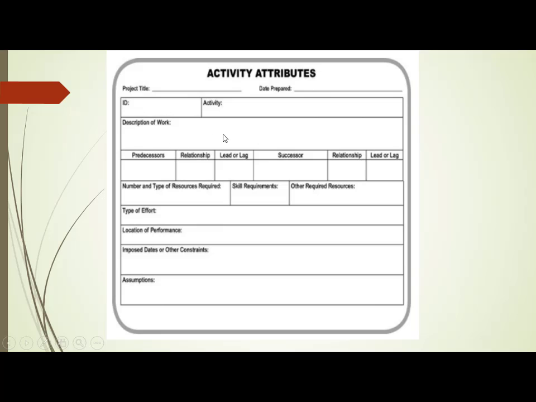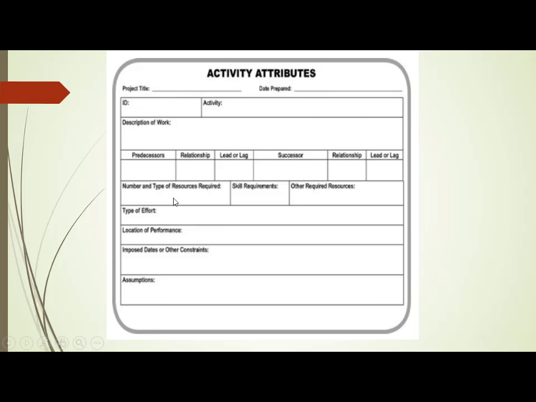Then I am going to write the description of the work. Now forget about these predecessors, relationship, lead and lag, all those things I will tell you after a few minutes. But you are going to write down the activity and the description of the work. How many resources, number and type, are needed?